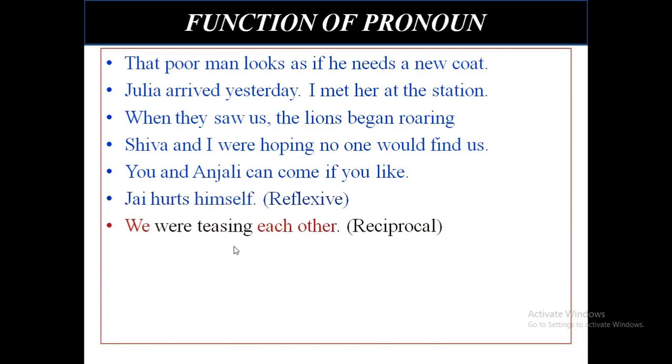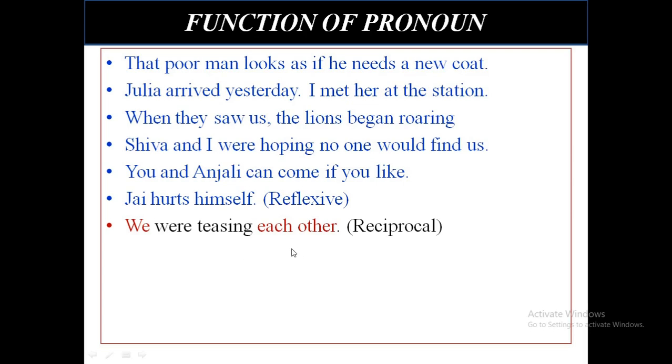Let us move on to one more example. We were teasing each other. Here this each other can be called a reciprocal pronoun. So what does that mean? Each other here can be two persons or more than two persons.